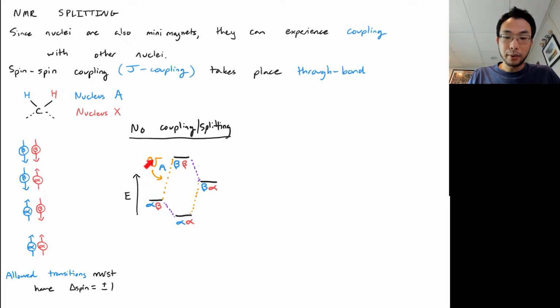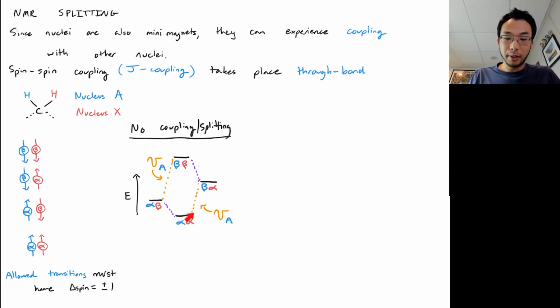That is associated with a frequency for the nucleus or proton A here. And at the bottom right, I have that same process. I'm flipping the spin of the proton A. That means the blue alpha is going into blue beta. These two energies will be exactly the same. So I'm giving this as a frequency term here, but these will be identical.